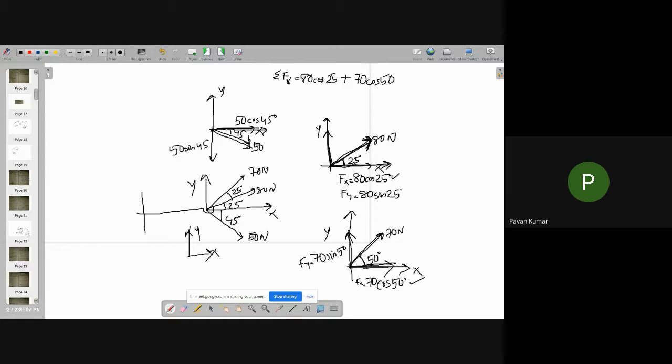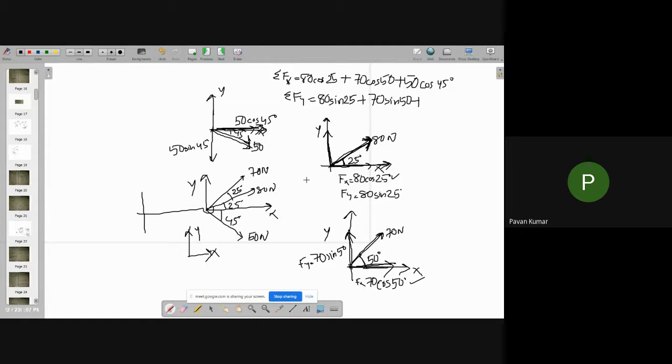Then the last one is also in the positive direction, so plus 50 cos 45. Now the y component. The upward direction is our positive, so 80 sin 25 is positive. In the second case also it is going upward, so 70 sin 50 is also positive.